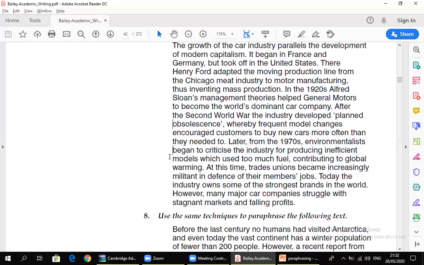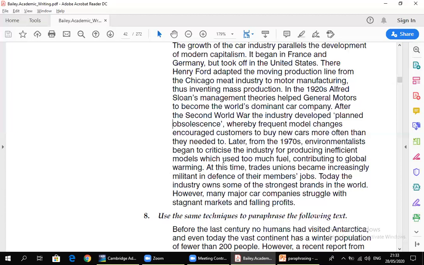So we use fallible for inefficient, or underrated, for producing underrated models, which use too much fuel, which consume fuel at high rates.